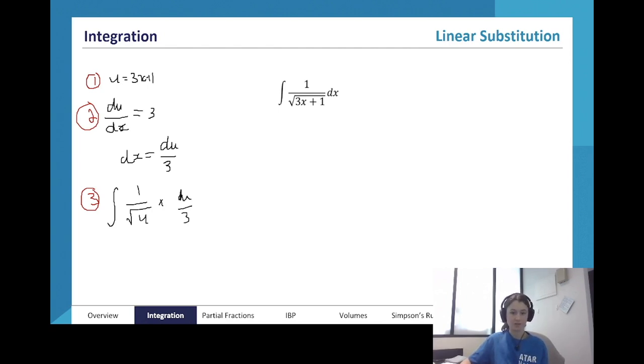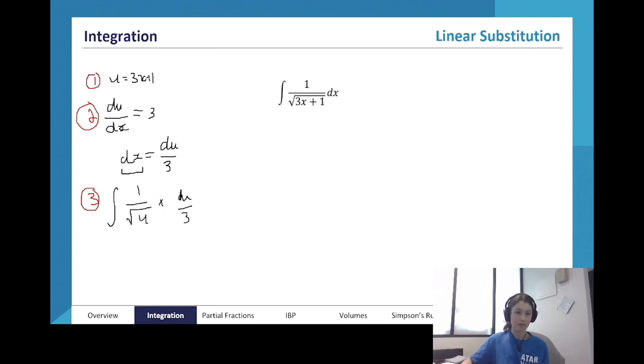Now, as you can see, by doing this linear substitution and subbing dx in terms of du, we now have something that we can integrate. So the purpose of doing this stuff with du dx is so that we had something in terms of du that we could put back in place of dx, allowing us to actually integrate.